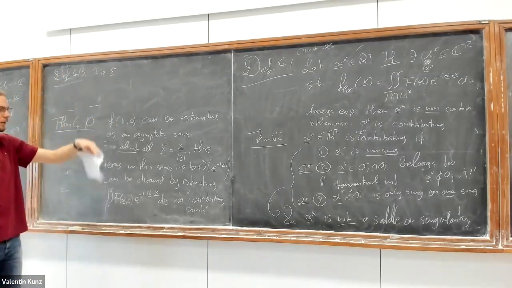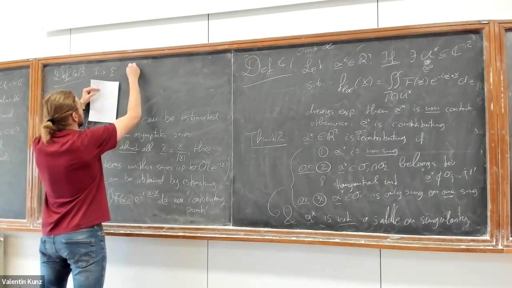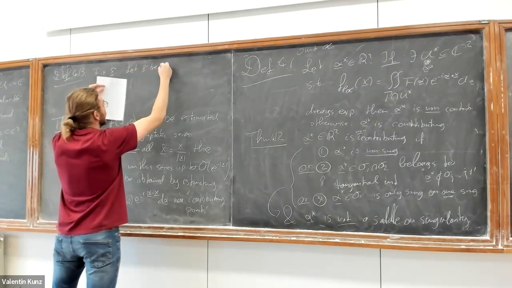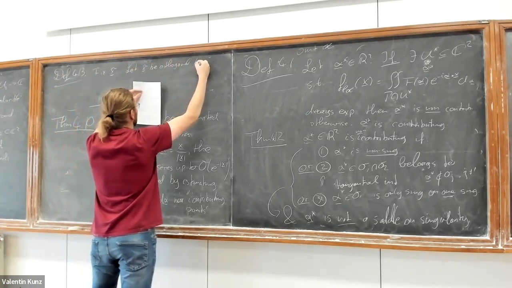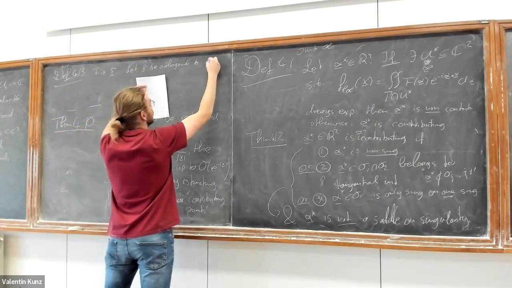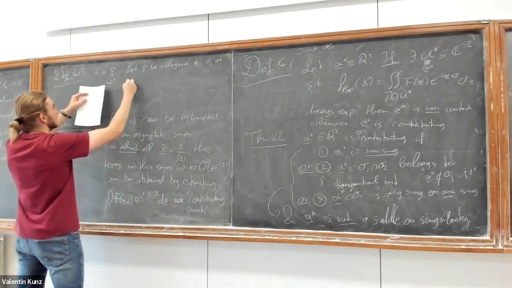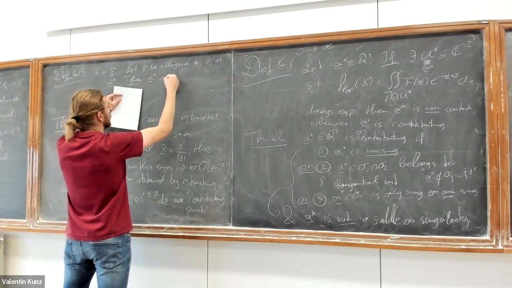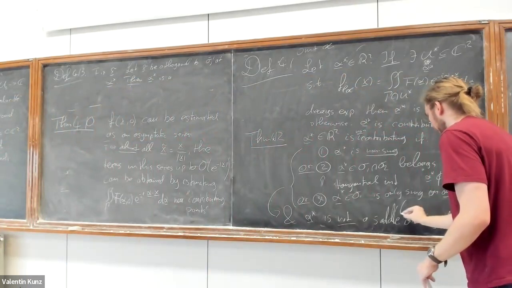We keep this down. Let x tilde be orthogonal to sigma j at alpha star, then alpha star is, we have a very nice abbreviation for this.